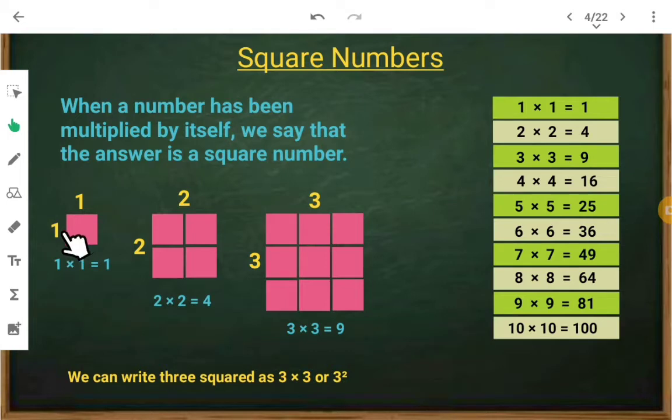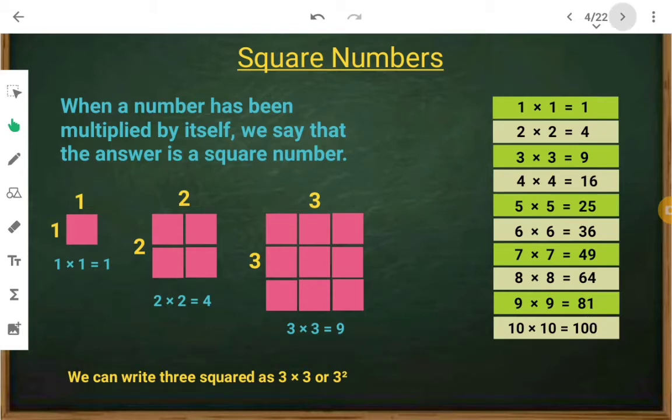If 1 is multiplied with 1, we get 1, so 1 is a square number. 2 into 2 is 4. 4 is a square number. 3 into 3 is 9. 9 is a square number. How can we write 3 into 3? 3 power 2. And here I listed the square values from 1 to 100.